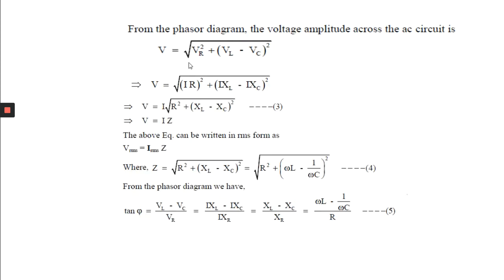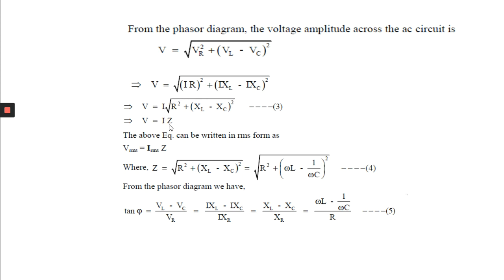Which is equal to, as all of you know, VR equals IR. So this is the square root of (IR) squared plus (IXL minus IXC) squared. So V equals, you can take I outside, I times the square root of R squared plus (XL minus XC) squared. What should this be? This should be the resistance offered by all three elements.